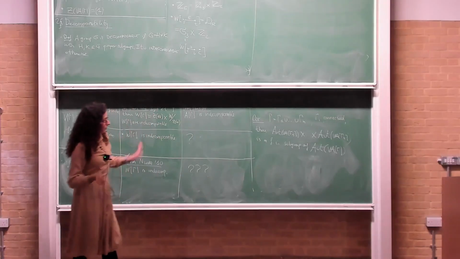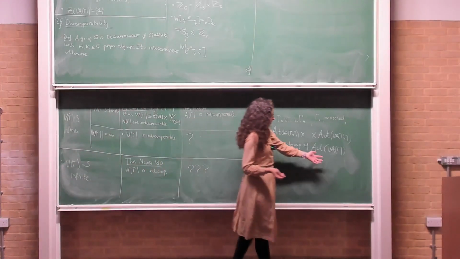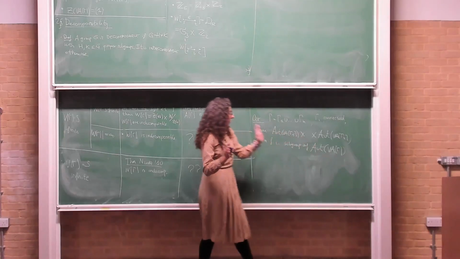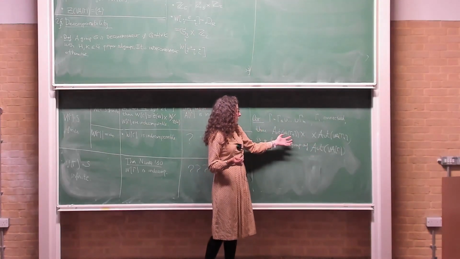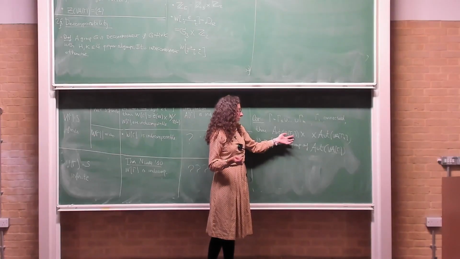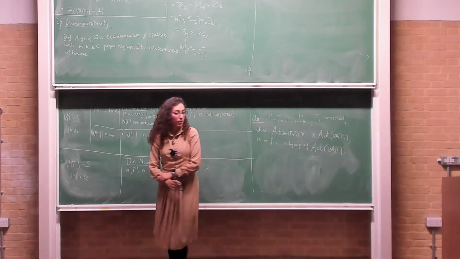And so the moral is that to understand the automorphism group of virtual Artin groups, it is enough to understand, up to finite index, the automorphism group of irreducible virtual Artin groups, so of those whose associated Coxeter graph is connected.